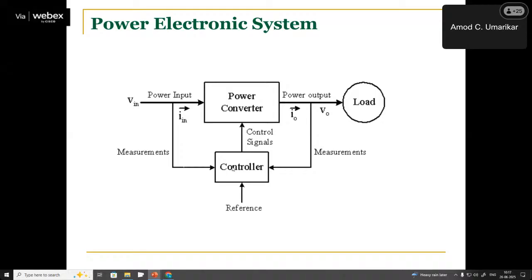Then there is a controller which controls the power output or regulates the voltage. All these functions are done by this controller. The controller sends multiple signals, sometimes from output, sometimes from input, and with respect to a reference it gives the control signals to the power converter to control the required variable. Okay. So that is the general power electronic system.